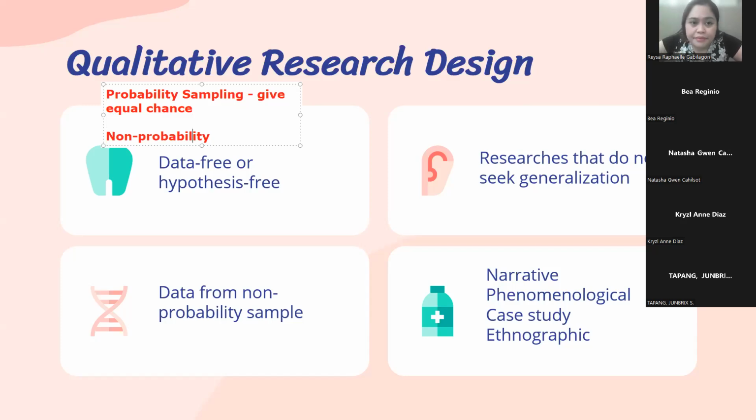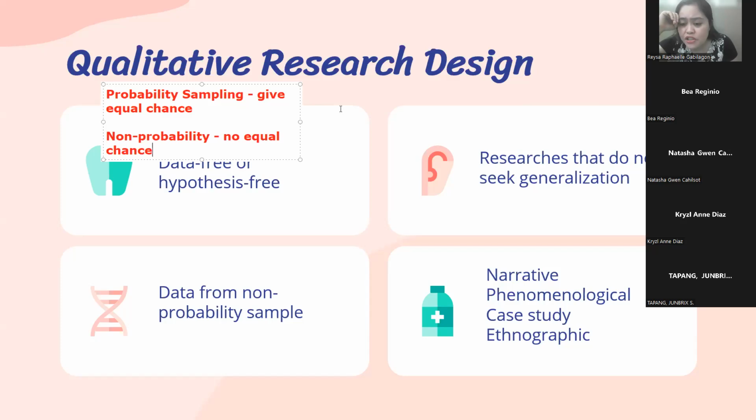And then, ang non-probability, itong yung walang equal chance. So most of the time, for qualitative research design, non-probability siya. Hindi natin binibigyan talaga ng equal chance lahat ng members of the population to be selected in the study. Example, pag nag-interview tayo, gusto ko mag-interview ng mga medtech working in the hospital. Minsan nagko-convenient sampling tayo na kung sino lang yung nandoon, punta tayo ng hospital.